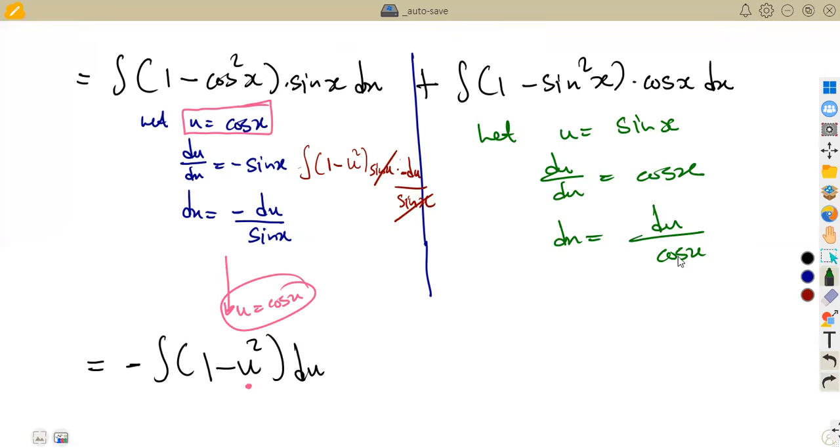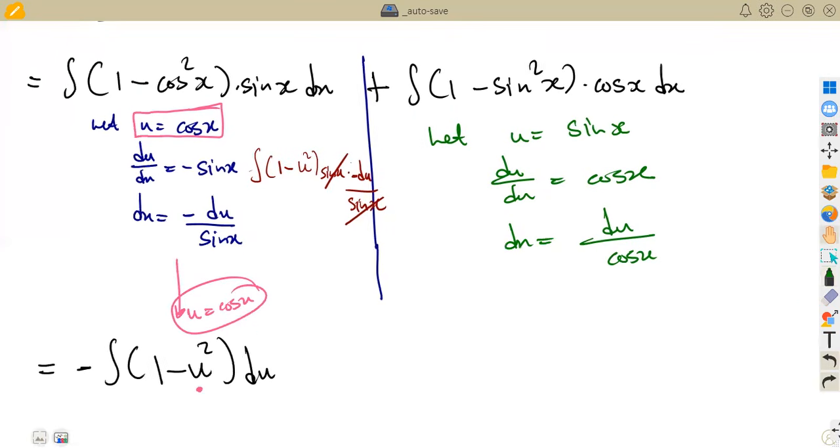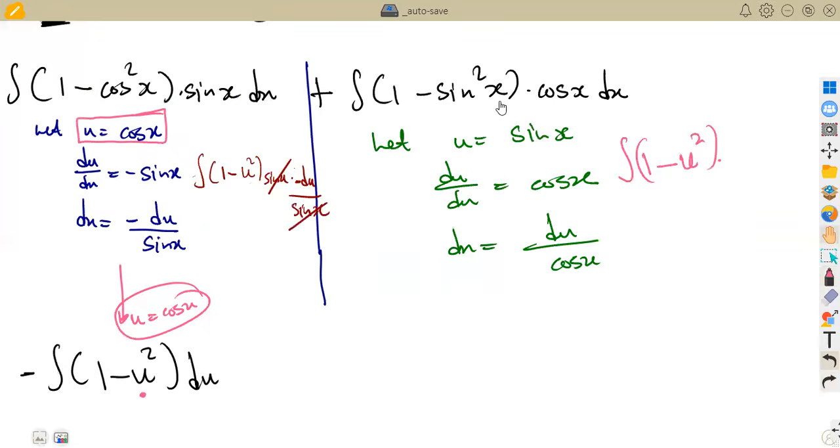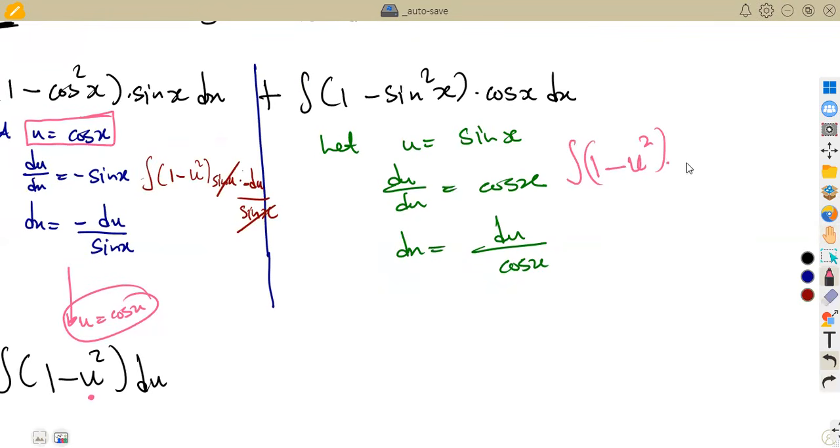All right, so if we get this as du over cosine of x, it means we're going to substitute this part. In actual sense, it was supposed to look like this. I just want you to see how it was going to look. It was supposed to be the integral of 1 minus, remember we said let u be sine x, so where the sine x is, I'm going to represent it with u squared, times the cos of x times dx, of which our dx is du over cos x.